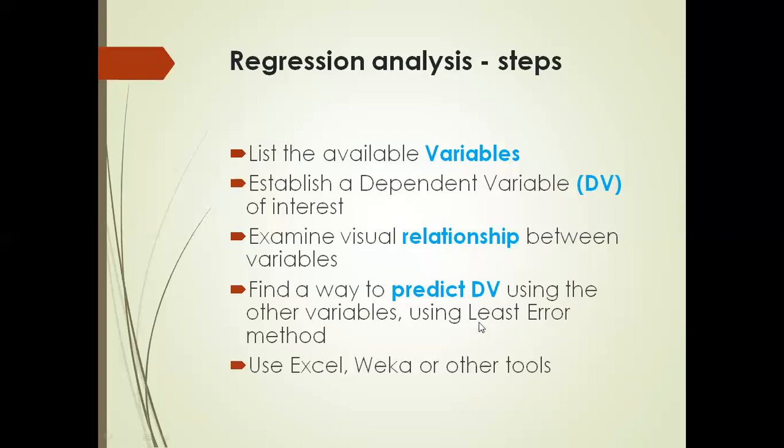Whenever we predict a dependent variable using the variables, we make use of the least error method. We can see later how this least error method works. This prediction of the dependent variable can be done using Excel or Weka. Weka is an open source software used as a tool in regression analysis. So these are the steps that come under regression analysis.